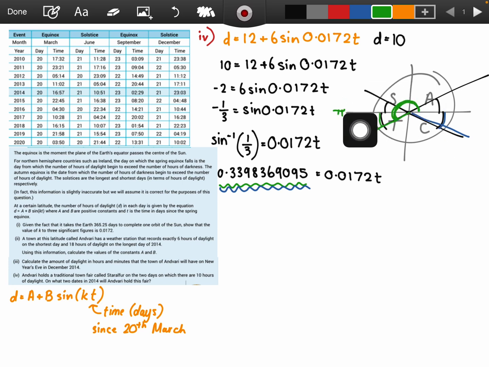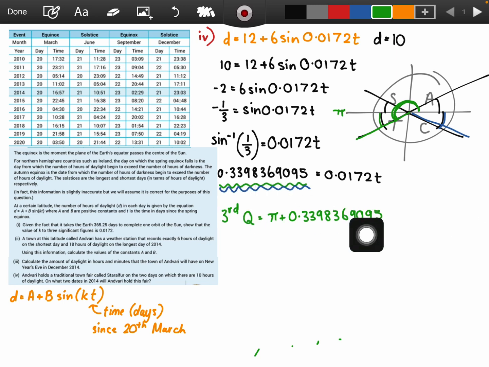So let's add on that little bit of a reference angle, okay, to get the one that's in the third quadrant. So in the third quadrant, it's going to be pi plus 0.3398369095. And just when you get that answer in your calculator, just press store.